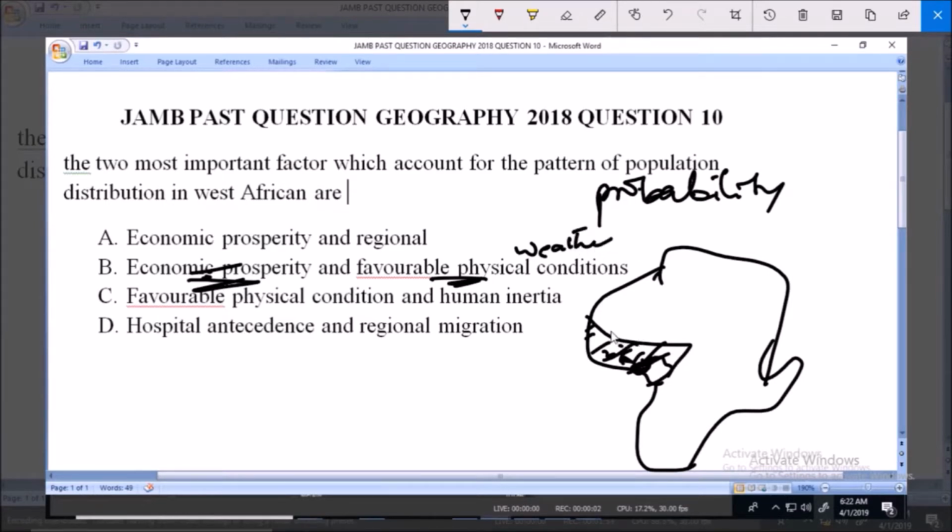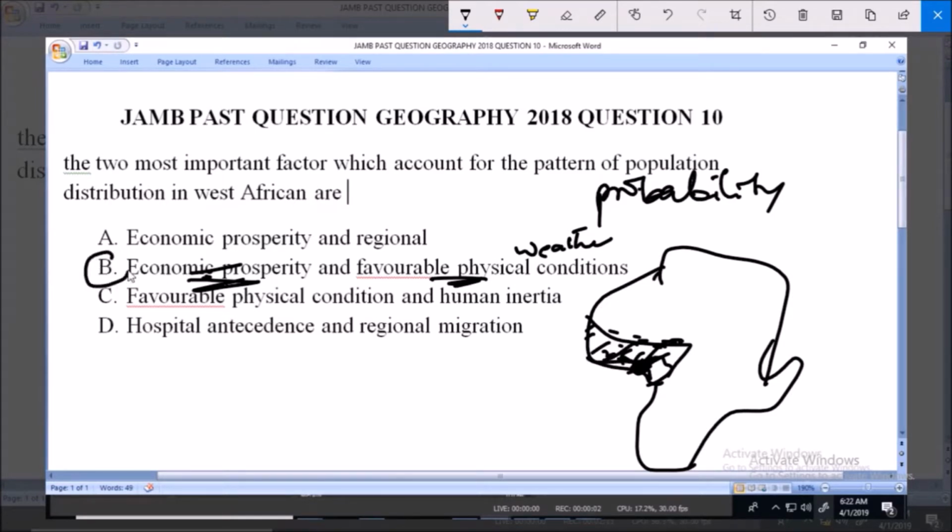People run from the Sahara area where there is very bad weather to the rainforest region like Port Harcourt and Lagos, where the weather is good.